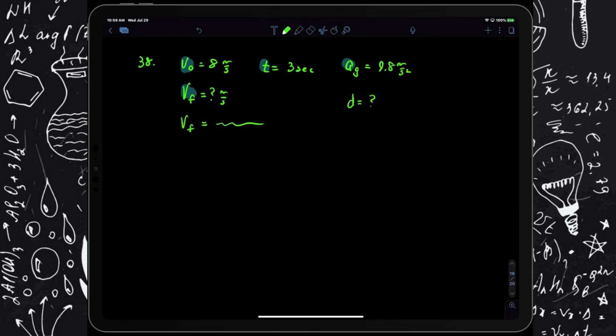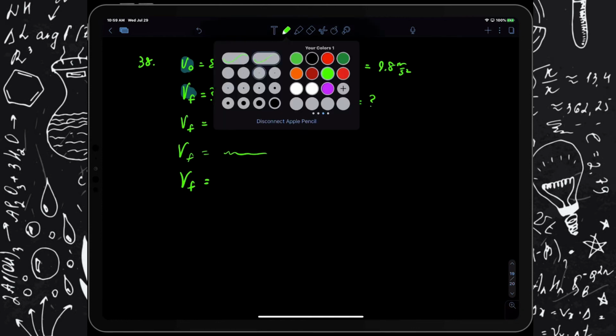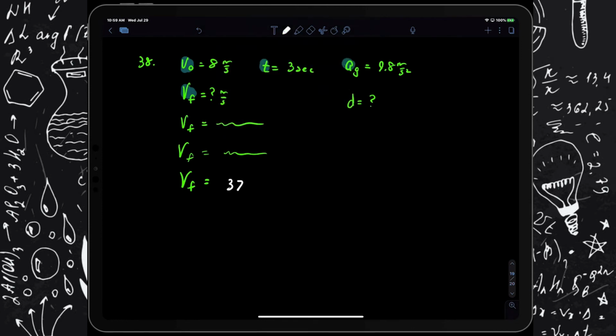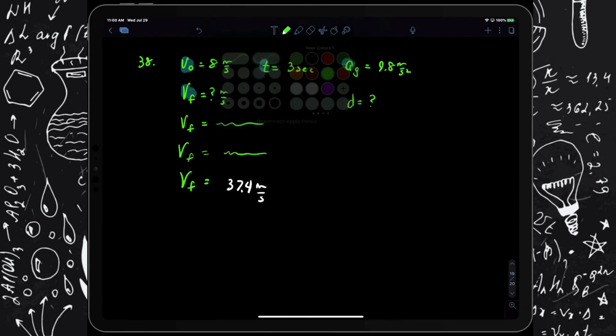You figure out your equation, you put in your substituted variables, and then your final answer, if we figured this value out, should be 37.4 meters per second. You do have to have that information in order to solve the second part.